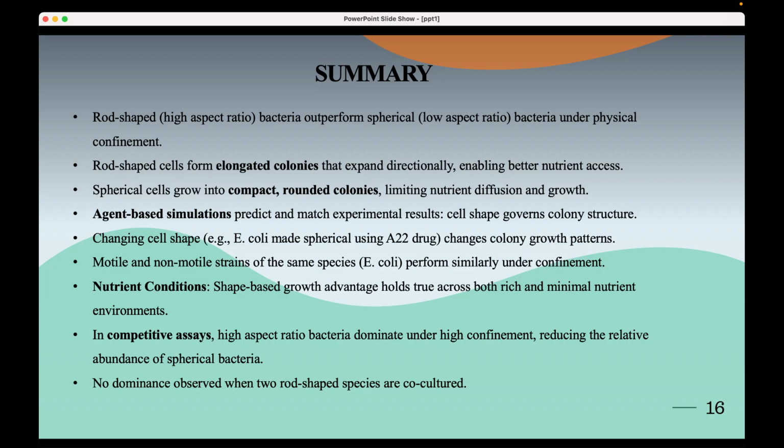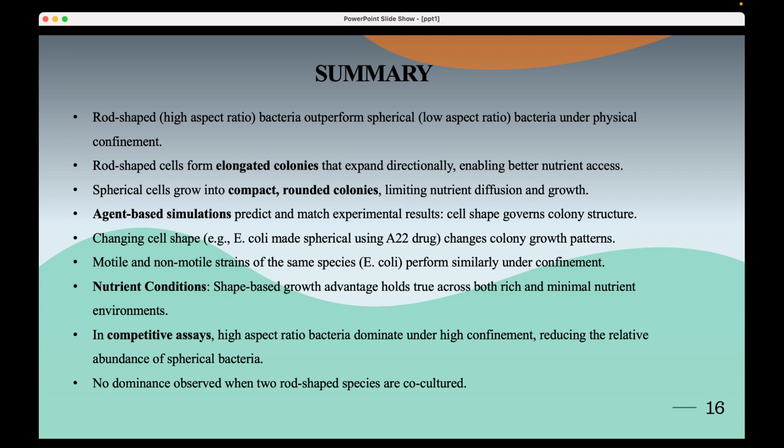Rod-shaped cells form elongated colonies that expand directionally, enabling better nutrient access. Spherical cells grow into compact rounded colonies, limiting nutrient diffusion and growth. Agent-based simulations predict and match experimental results.